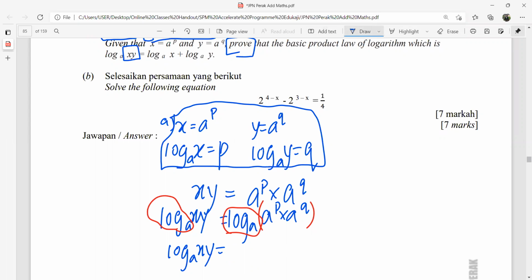But the thing is, you have to know how to solve this question. You can combine the a. A times a, the powers plus together.